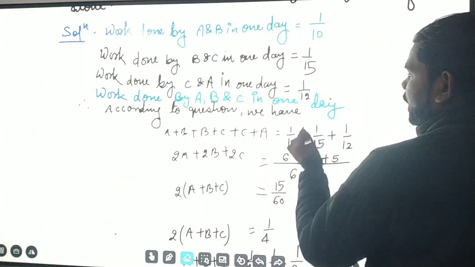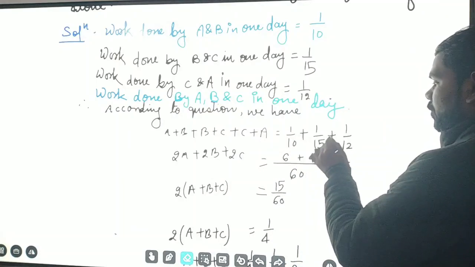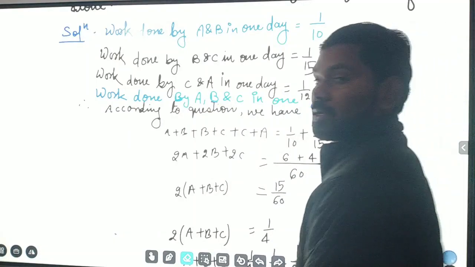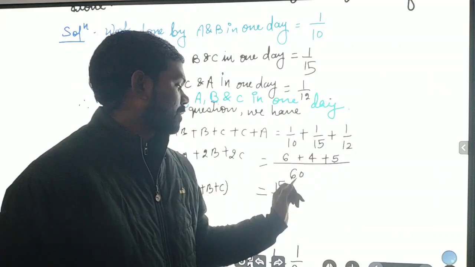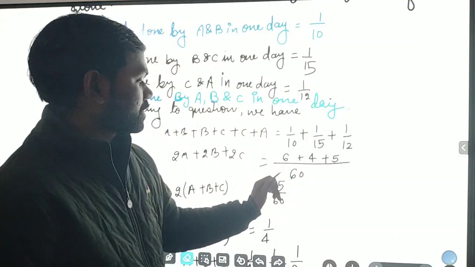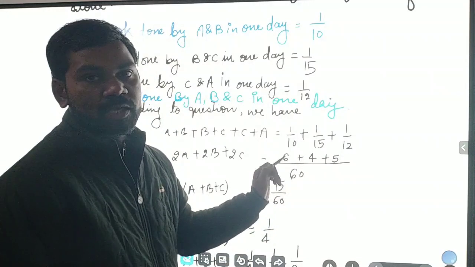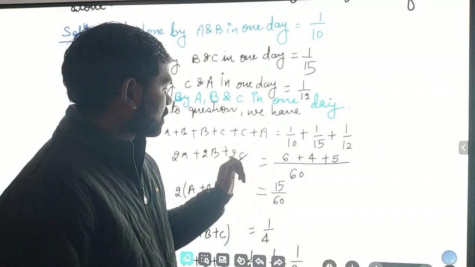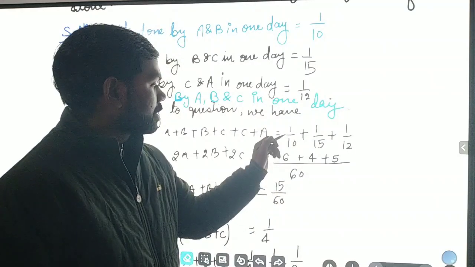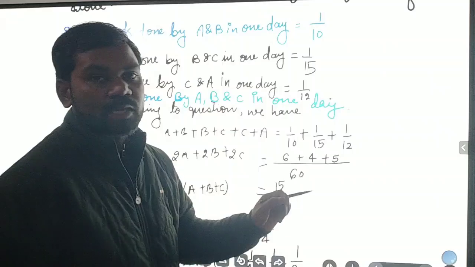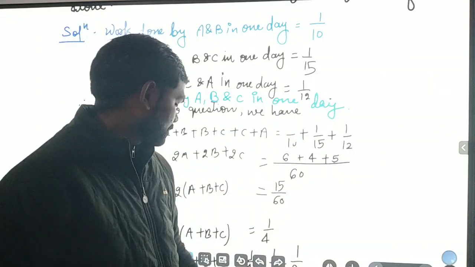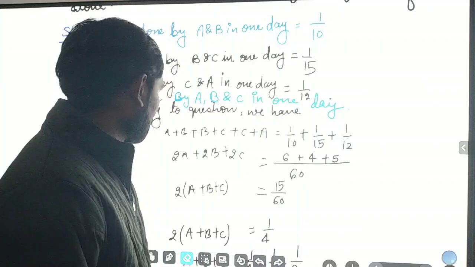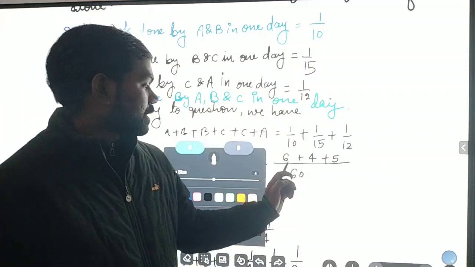So we get 1 upon 10 plus 1 upon 15 plus 1 upon 12. The LCM of 10, 15 and 12 is 60. When 10 divides 60, we get the quotient as 6, and 6 multiplied by 1 is 6.